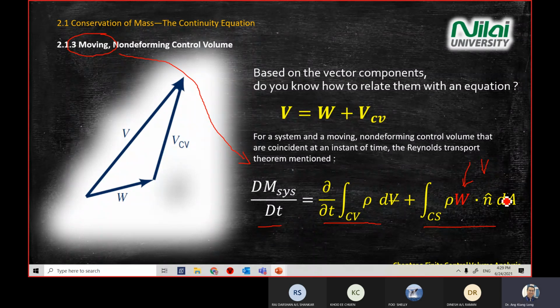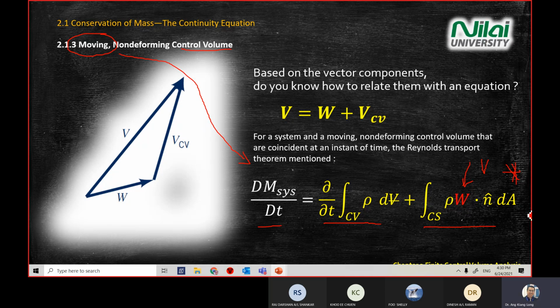This is very important because when it comes to tests, you need to look at the question to see whether you are solving a moving or fixed control volume scenario. If you write V for the moving control volume, straight away you lose the whole question, because you are using the wrong equation to solve. I will not do the correction for you in the exam.